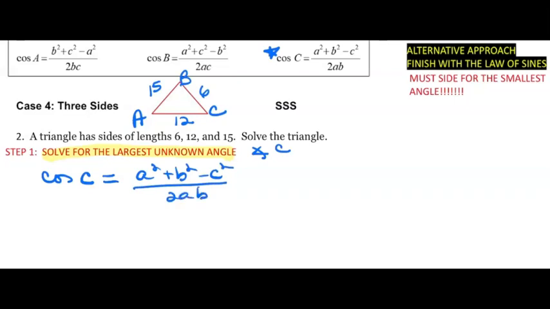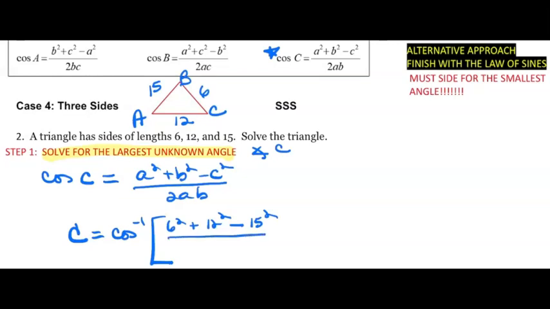I don't want cosine of C, I really want angle C. So I'm going to take the cosine to the -1 of 6 squared plus 12 squared minus 15 squared, over 2 times 6 times 12.